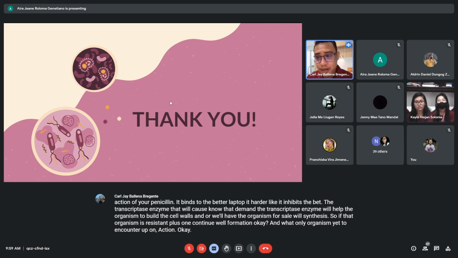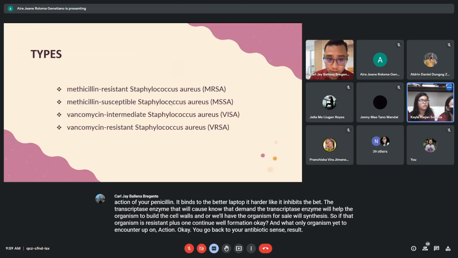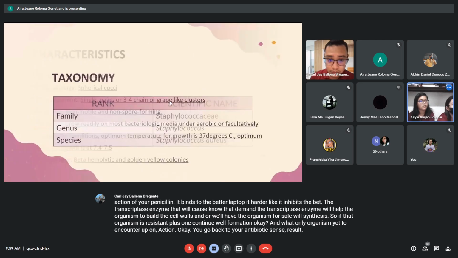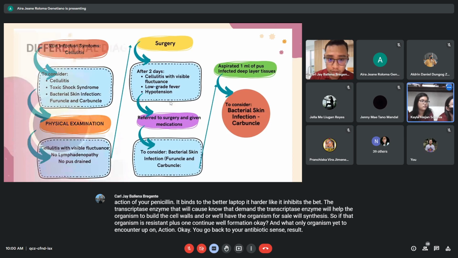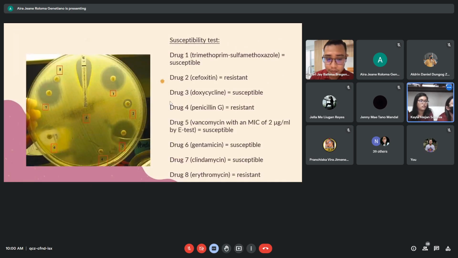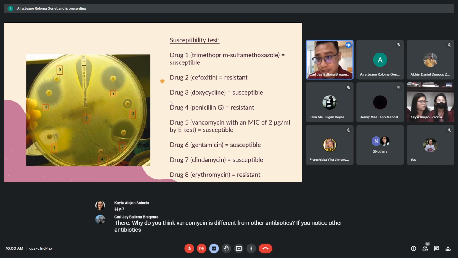You go back to your antibiotic susceptibility result. Why do you think vancomycin is different from other antibiotics? If you notice, other antibiotics use disc diffusion, circular.